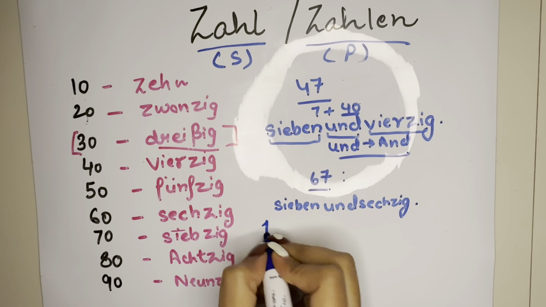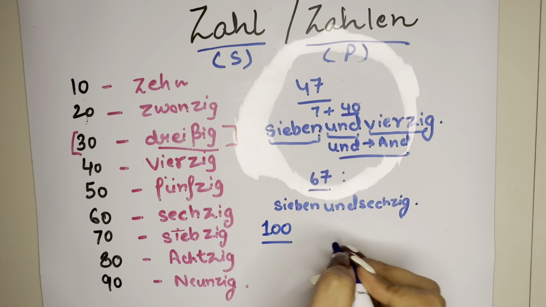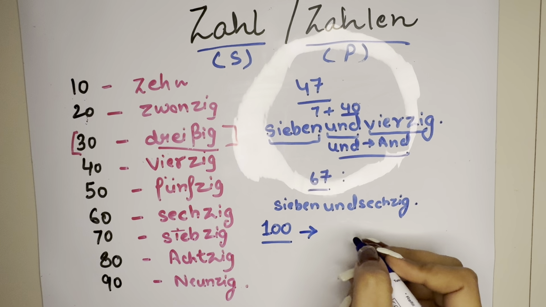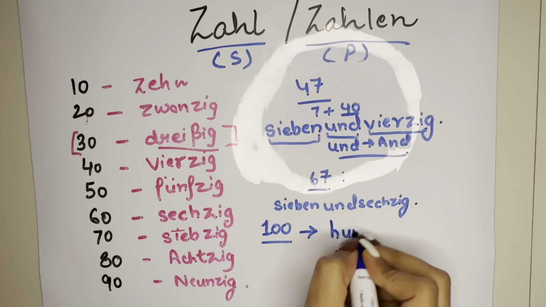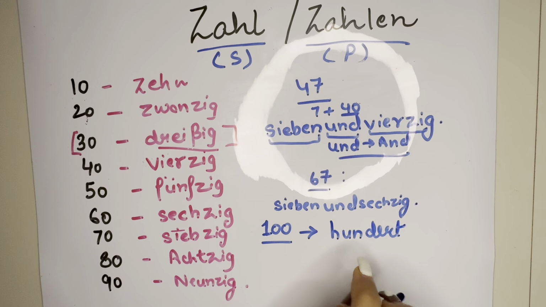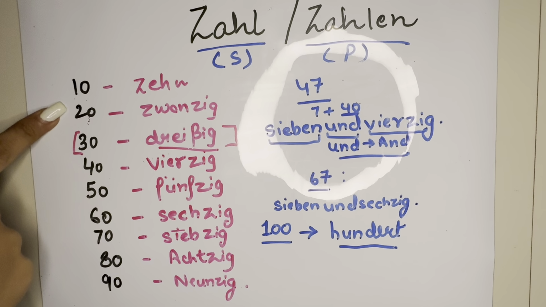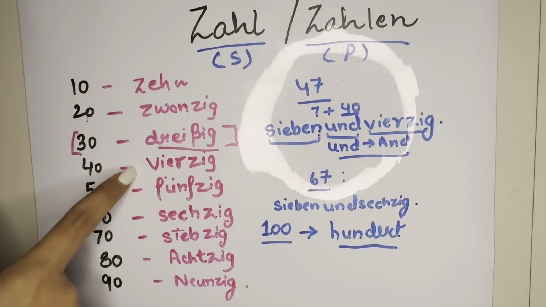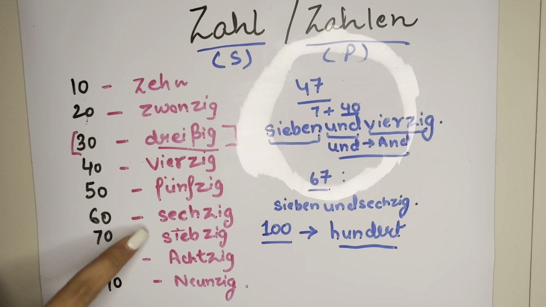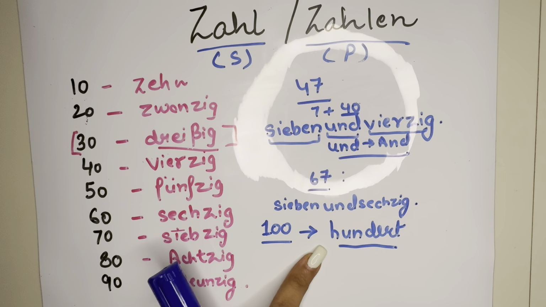Now let us finally know 100, that is pronounced as hundert, and this is how we write it, hundert. So let's read it once again: 10, 20, 30, 40, 50, 60, 70, 80, 90, 100.